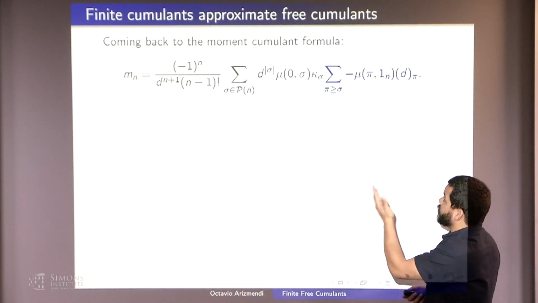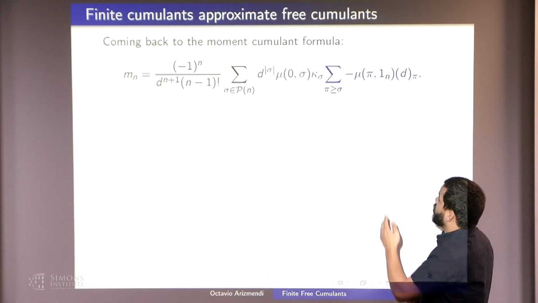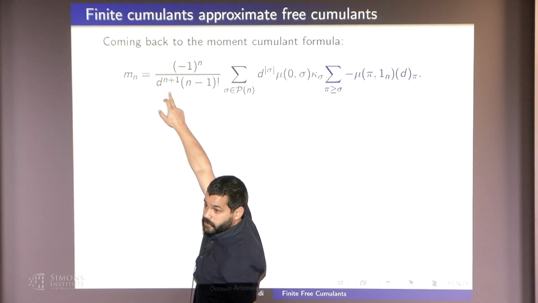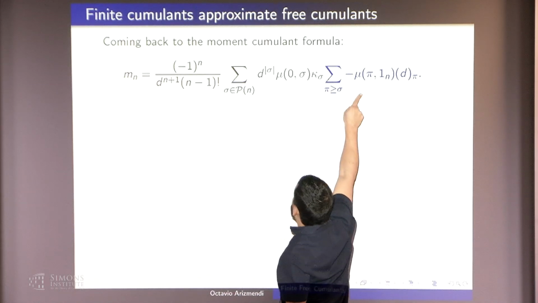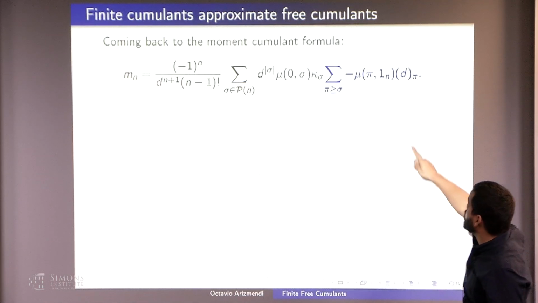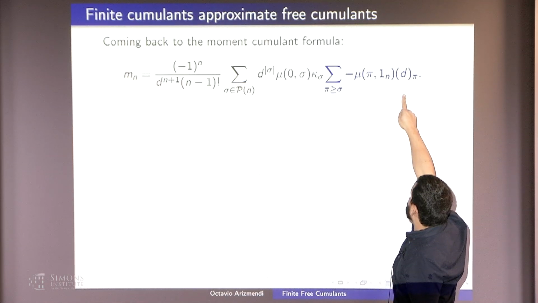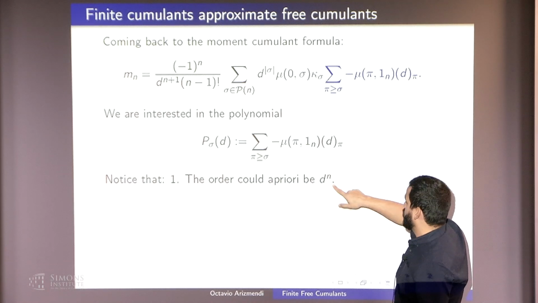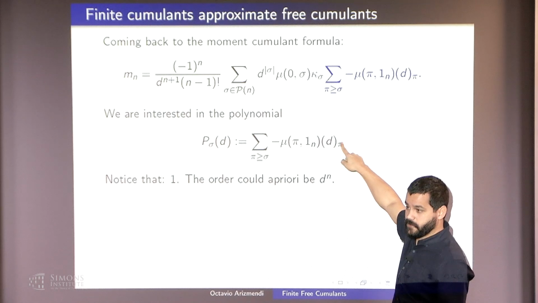And from this formula, it's not clear at all, because you want to see that here you have a d to the n plus 1. But in this formula, in fact, d to the n appears in principle.